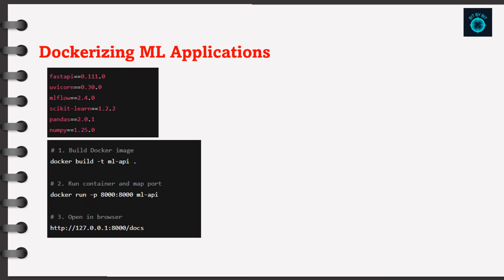Once the image is built, you can start a container from it by running docker run -p 8000:8000 ml-api. This maps port 8000 on your computer to port 8000 inside the container. So you can access the API in your browser at http://127.0.0.1:8000/docs. And that's it. Your model is now running inside a fully isolated container.